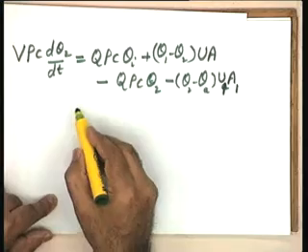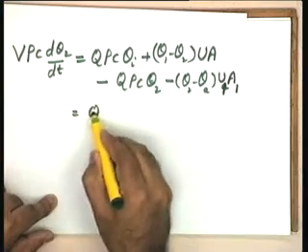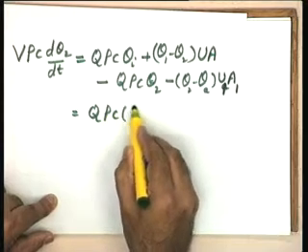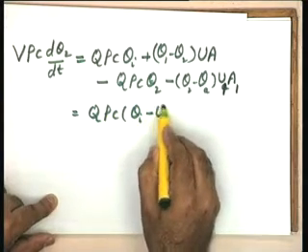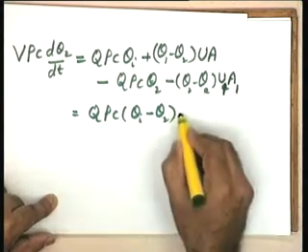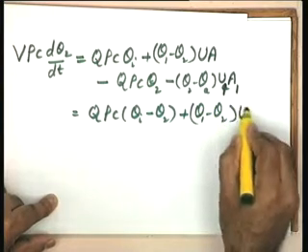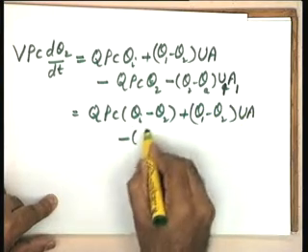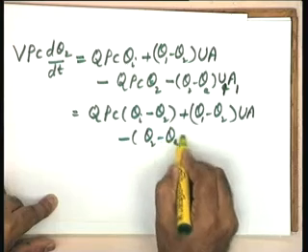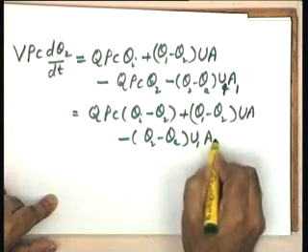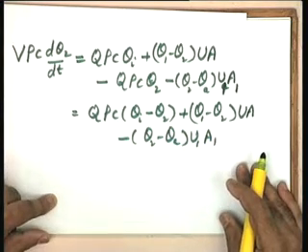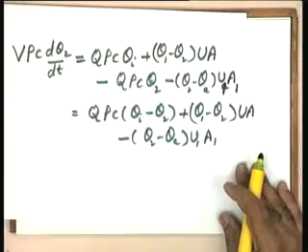Is it okay please? This could be written as, Q rho C theta I minus theta 2 plus theta 1 minus theta 2 U A minus theta 2 minus theta A U1 A1. Is it okay? Now, let us go to equivalent electrical parameters.